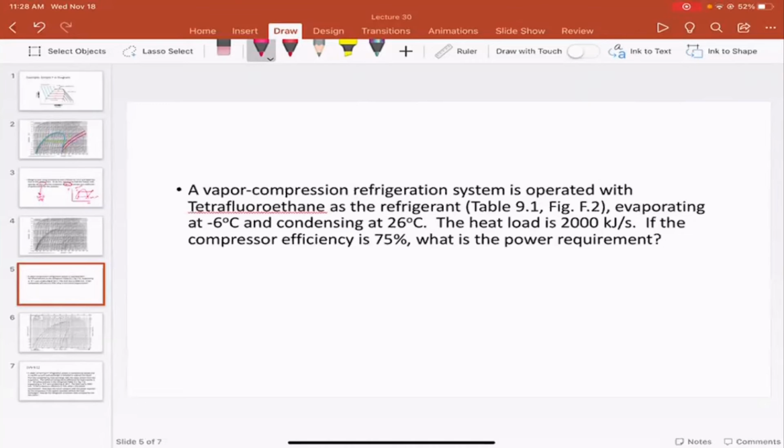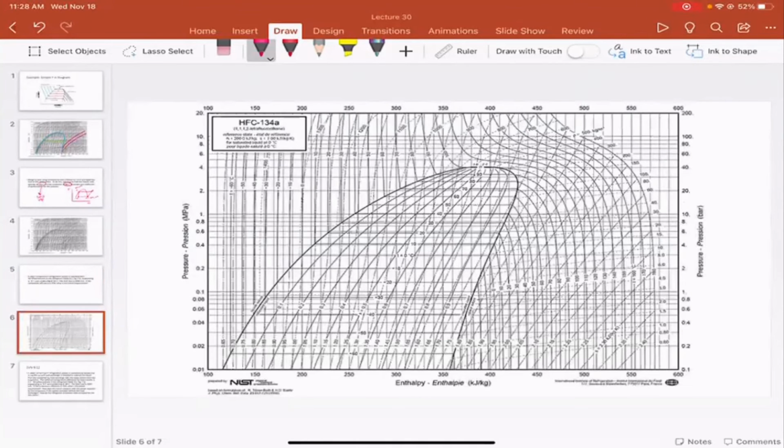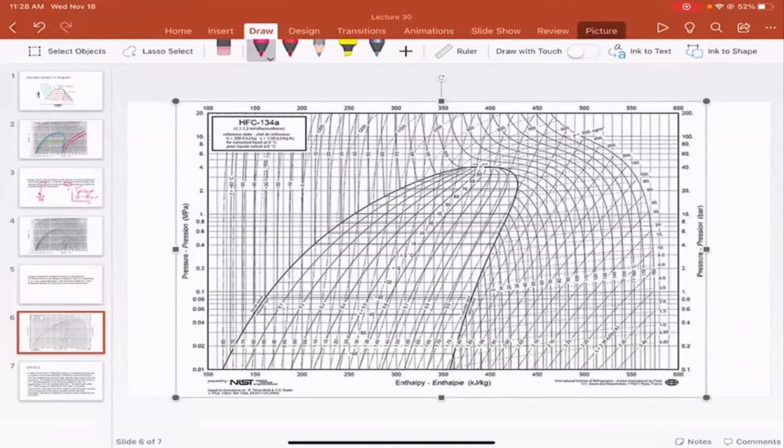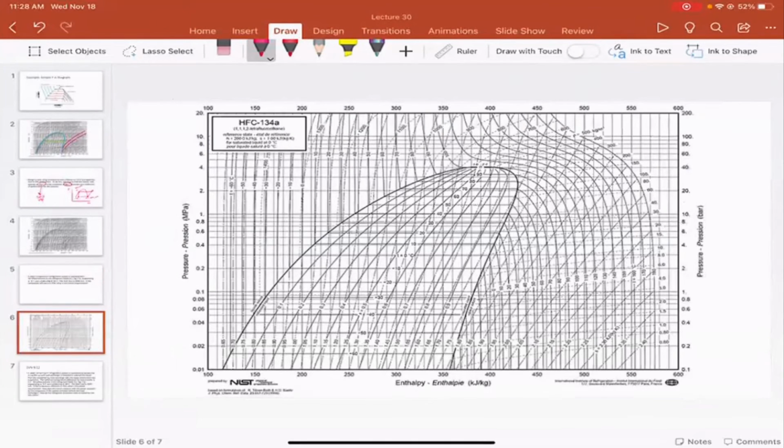But the underlying thing that we want to do in this problem is actually the same as it was in the previous problem. Now I have the pH diagram for tetrafluoroethane, and we're going to do the exact same thing we did a minute ago. We're going to find A, we're going to find C, and then D, and then we're going to solve the isentropic case for the compressor.